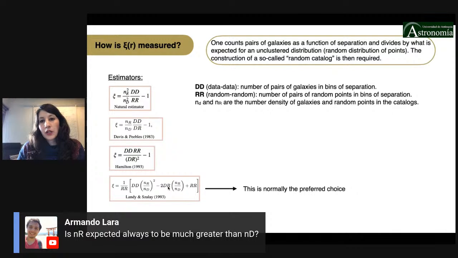And then normally you have to use, I don't know, 10,000 or more random points. There are some definitions that people normally use, and some people suggest that a good number for the random catalog is to be 20 times larger than your data catalog. You normally have to have a much larger random catalog compared with your data.